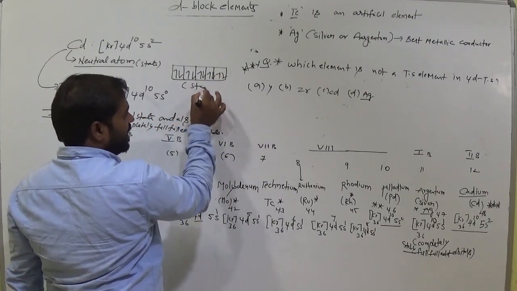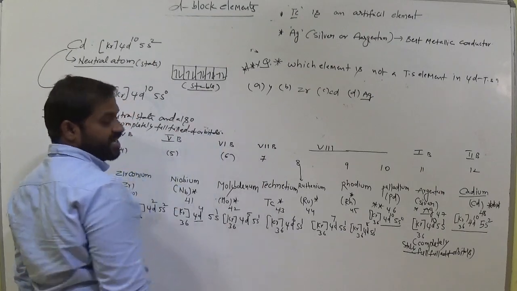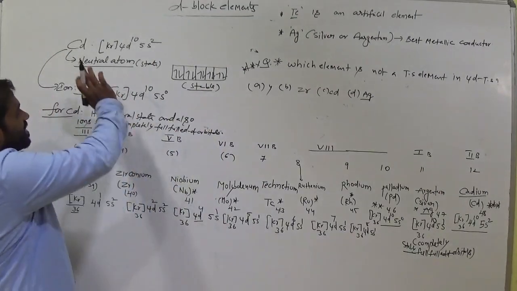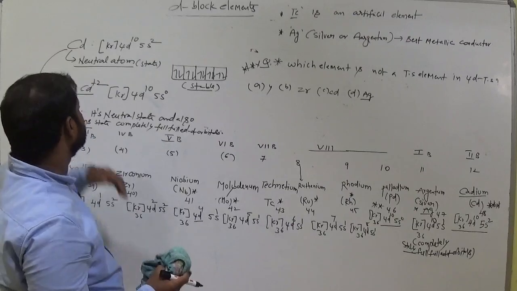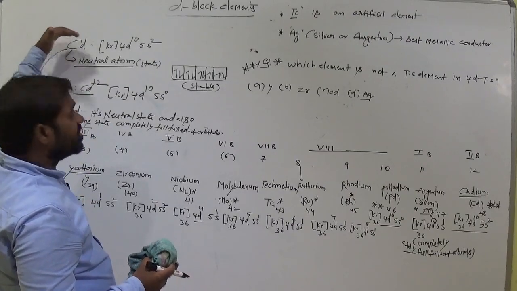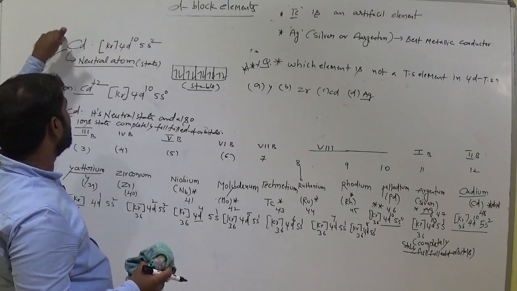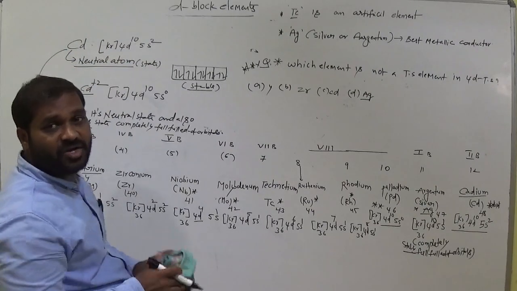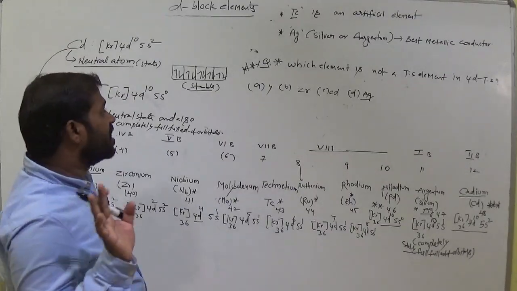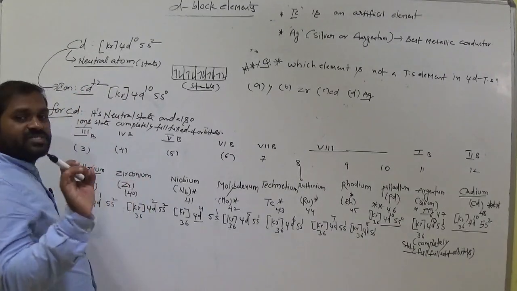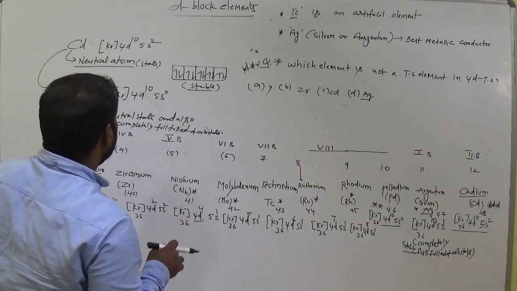It is a stable condition. So when a d block element has completely filled d orbitals either in neutral or ion state, then it is not a transition element. It is only a d block element.